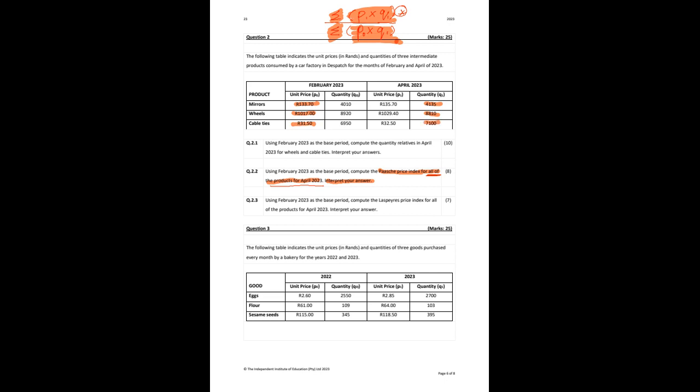So for instance, for the first item, mirrors, mistakenly they would say P1 times Q1 in the numerator. So they'll say 135.7 times 4135. And then immediately in the denominator, they would go P0 times Q1. So 133.7 times Q1 of 4135.